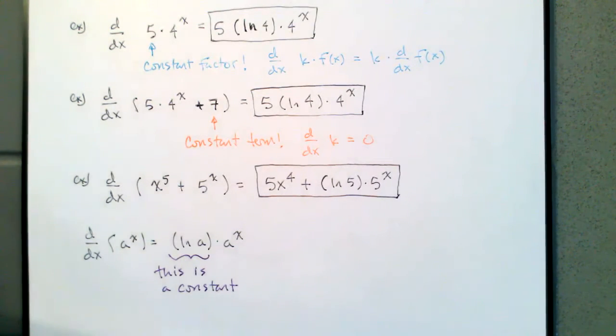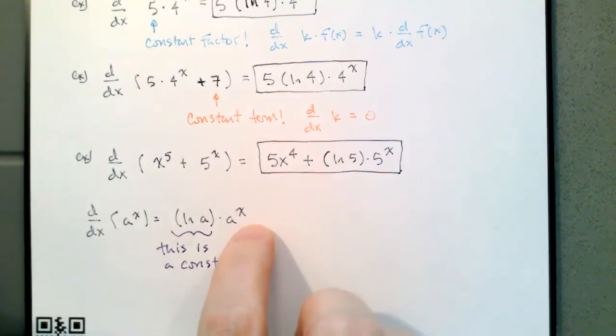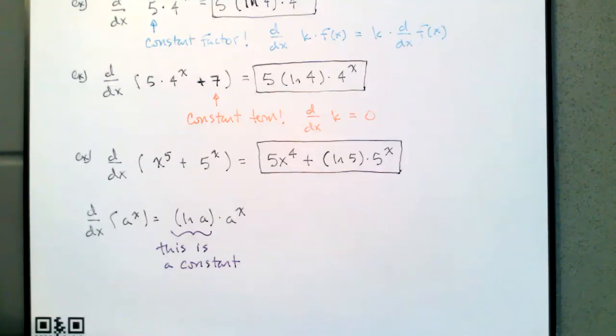So one way we can look at this piece of information, we have the function, and here's the function copied over here. The derivative is just a constant times the function we started with.